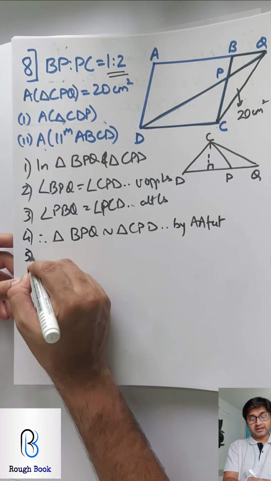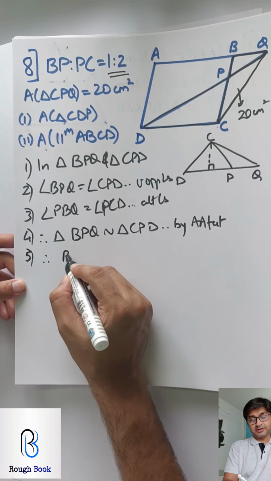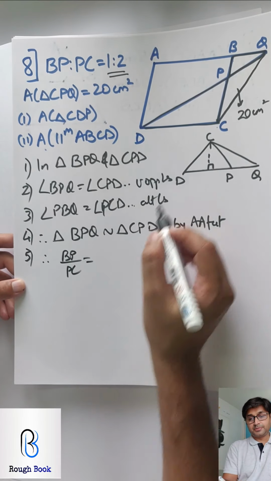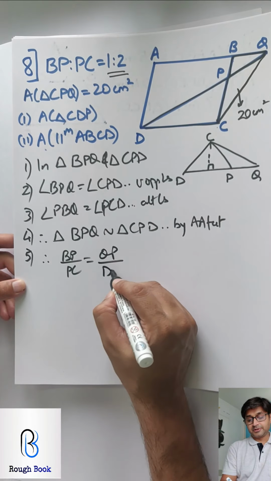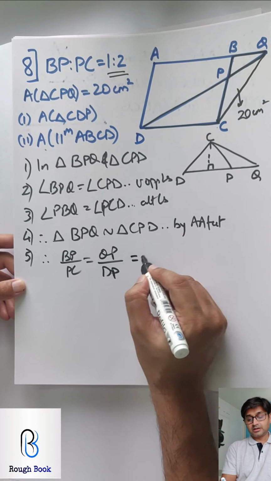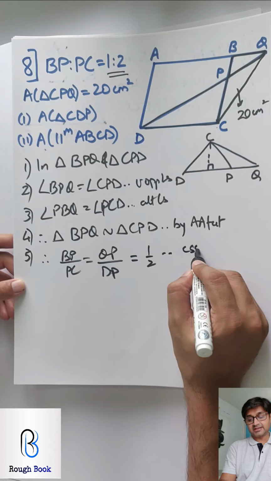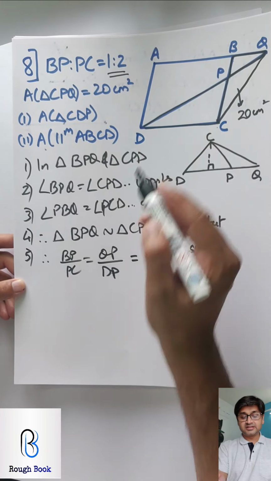So we got the two triangles similar, therefore BP upon PC equals QP upon DP, equals 1 by 2 by CSST. So we got these now.